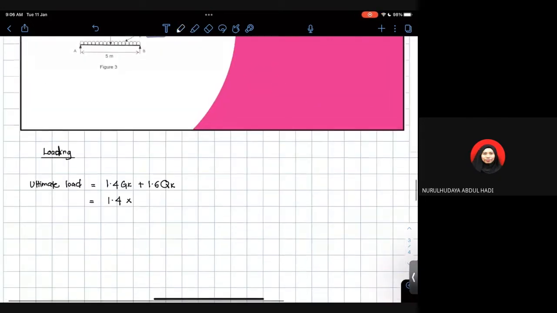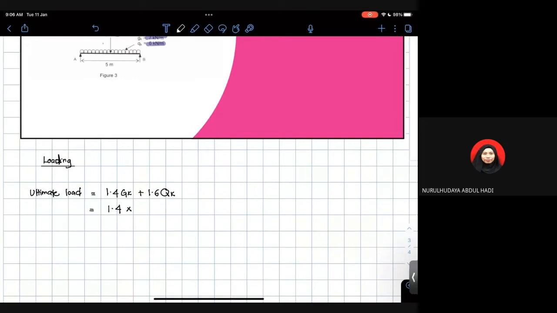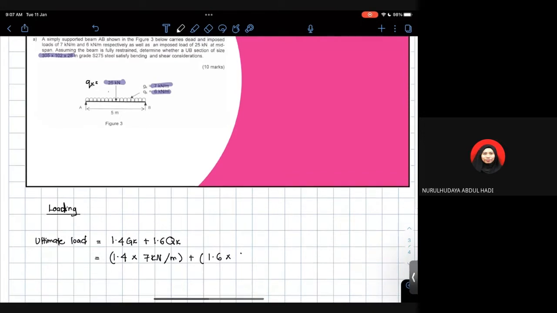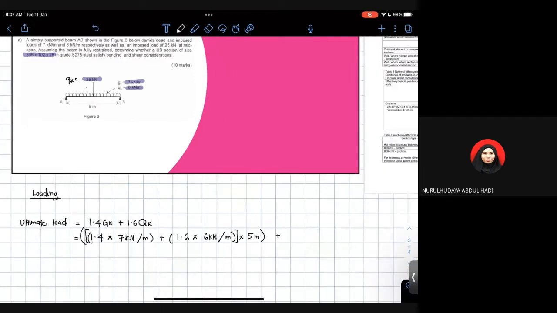Kita akan tengok on the UDL dululah. UDL for dead load is 7 kilonewton per meter and UDL for imposed load is 6 kilonewton per meter. Darab dengan the length of the beam which is 5 meter and kita baru tambah the point load which is the imposed load.